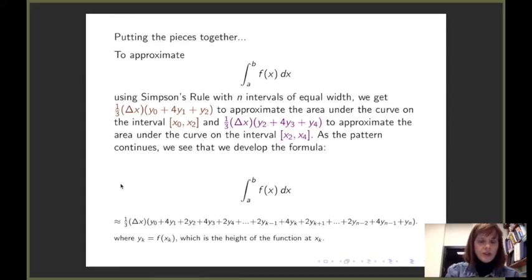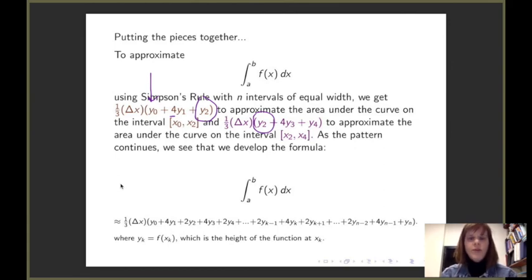So just considering those partition points, I see that there's an overlap of y sub 2. And so that's where I see I'm going to get 1 y sub 0, 4 y sub 1, 2 copies of y sub 2, 4 copies of y sub 3, and so on.